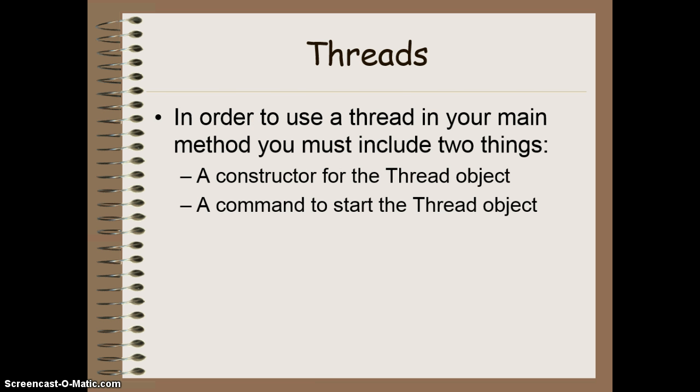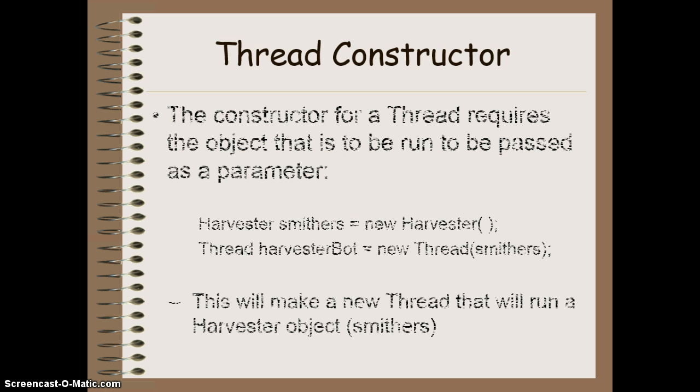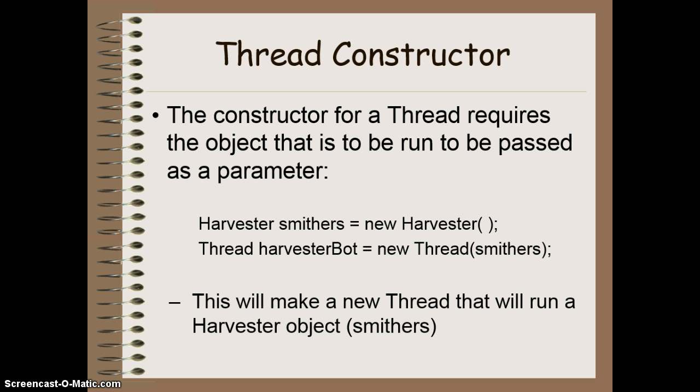If you want to use an actual thread in your program, you have to include 2 things. The first is you have to have a constructor for the thread object itself, and then you have to have a command to start the thread. So let's take a look at that first piece, the thread constructor. The constructor for a thread requires an object that's to be run to be passed as a parameter. So let's say I want to have a thread that is going to make a harvest bot run across a screen.